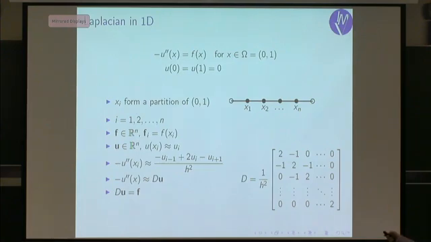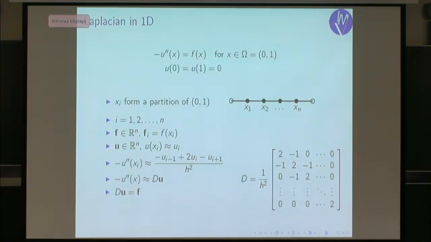We do the same with the solution. We sample our approximate solution in every grid point and approximate the exact solution at point xi by the corresponding entry in that vector. And the idea of the finite difference method is just to replace the derivative by finite differences. So this is the second central finite difference that is used to approximate the second derivative.